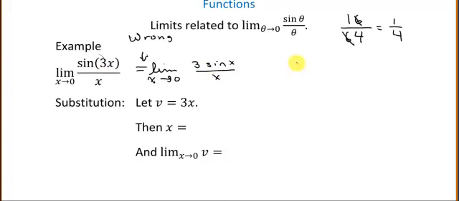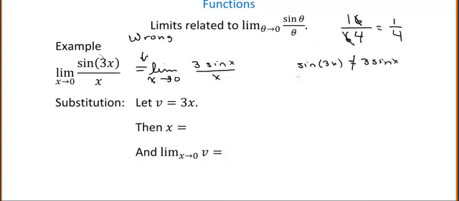But is sine of 3x equal to 3 sine of x? And the answer is no. Sine of x and sine of 3x are not the same.